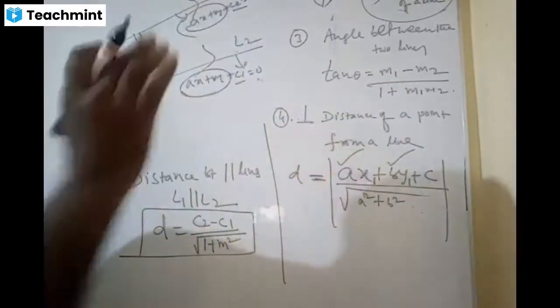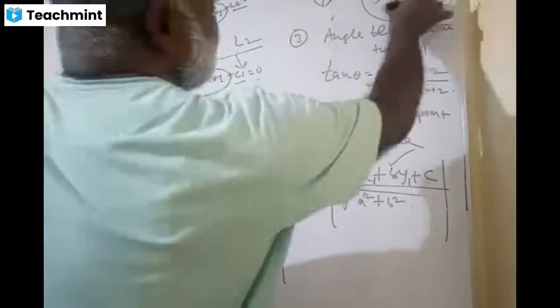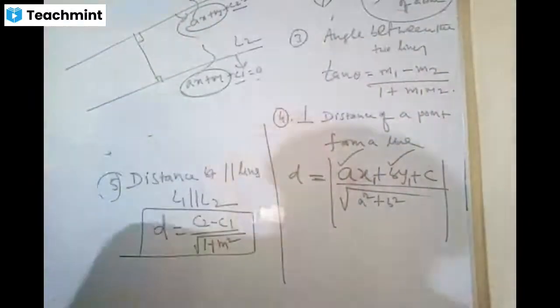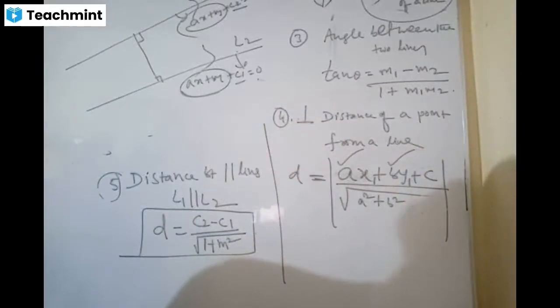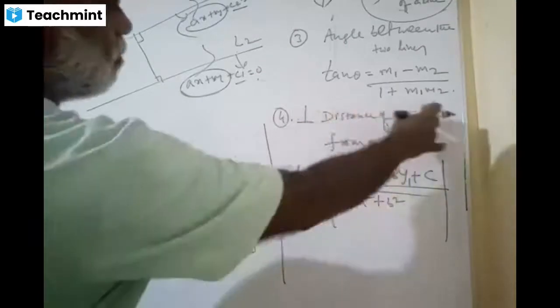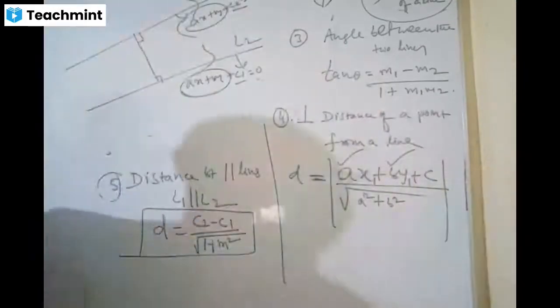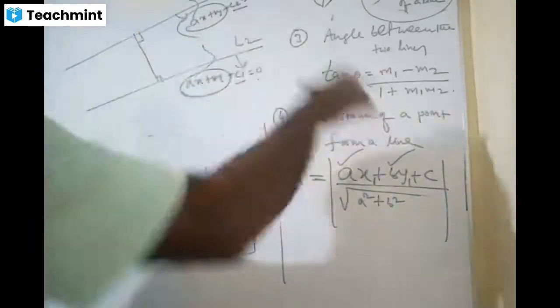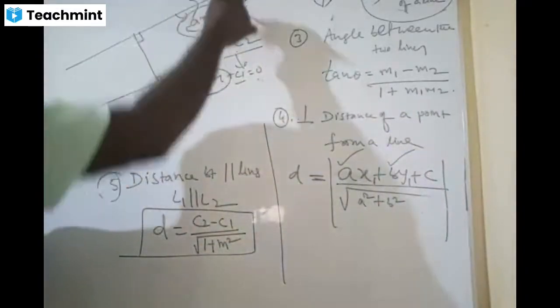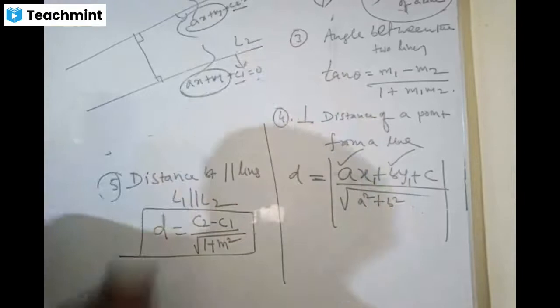Anyway, all these 5 points: one is slope, second is different forms of equations of a line, third is the angle between two lines, that is the acute angle, then the perpendicular distance of a point from a line, and next the distance between two parallel lines, C2 minus C1 over root of 1 plus m square.